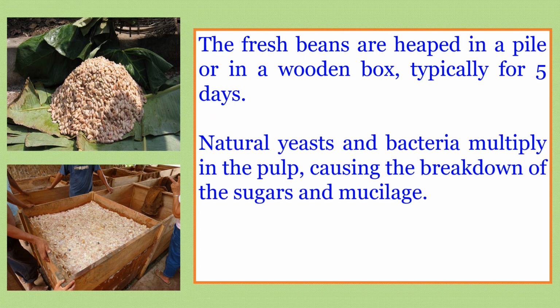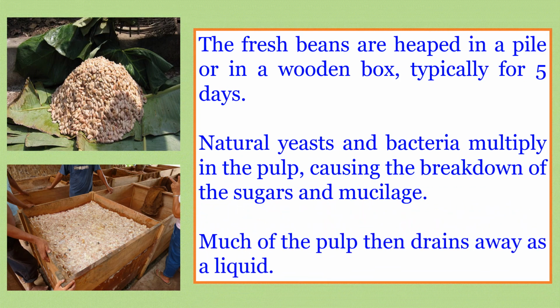The natural yeast and bacteria multiply during the fermentation process, which causes the breakdown of the sugars and mucilage. As the fermentation proceeds, the pulp disintegrates and drains away as a liquid.